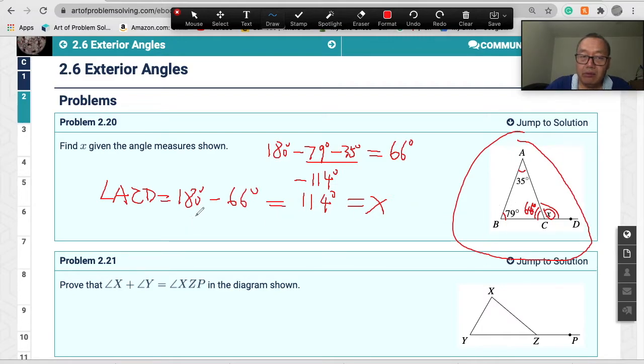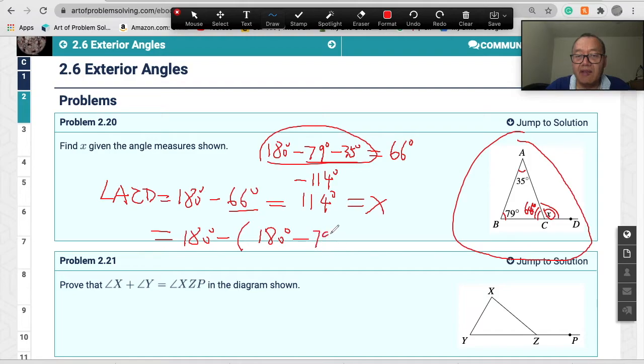When we write this, you can write 180 minus 66 degrees. That's the algebra here. You can plug in 180 minus 79 degrees minus 35 degrees. Then you open the parentheses and get 79 degrees plus 35 degrees.